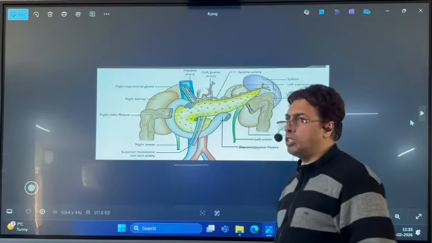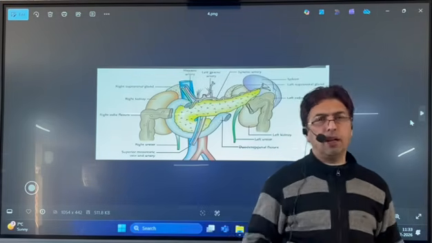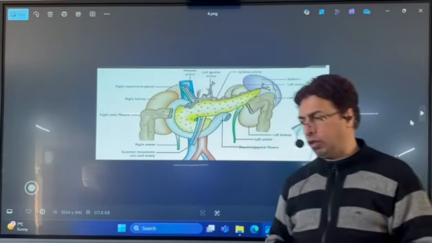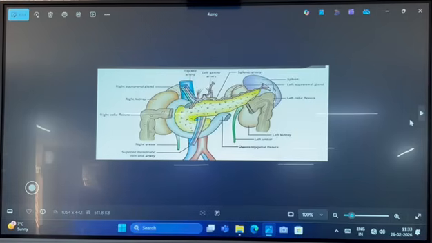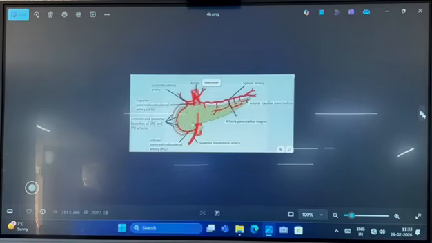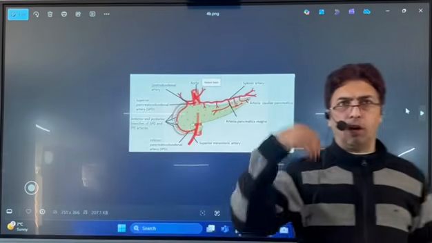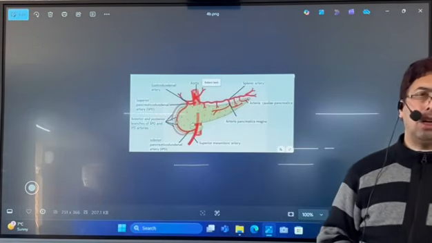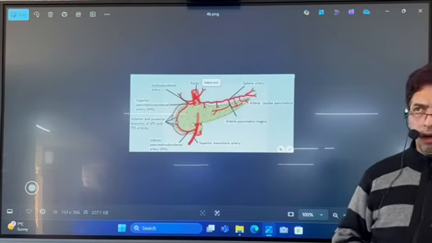Now, as far as the pancreas is concerned, the pancreas has a good vascular supply, by virtue of certain important vessels. What are the blood supply of the pancreas? Which vessels are important? Because we have not gone to the blood supply of the gastrointestinal tract, you will be coming across celiac trunk, superior mesenteric artery and inferior mesenteric artery ahead.